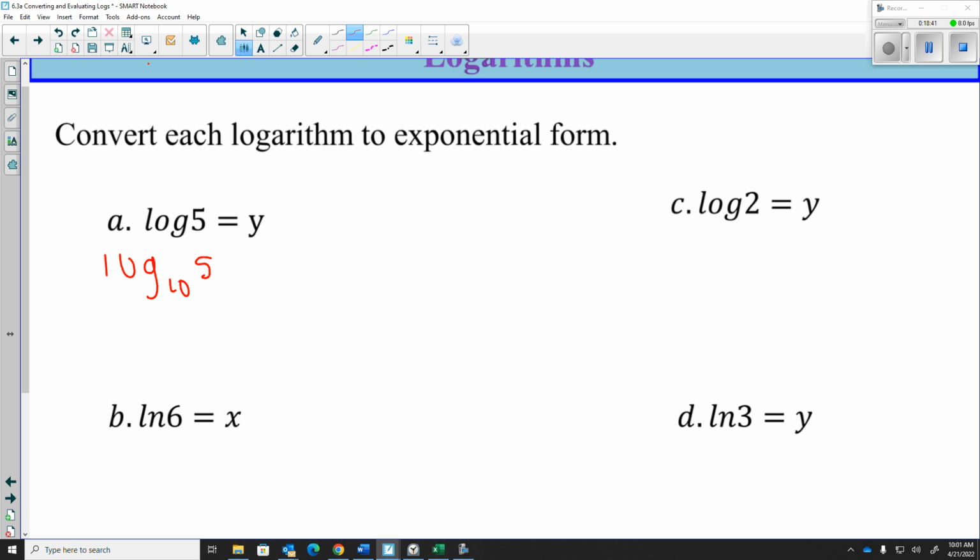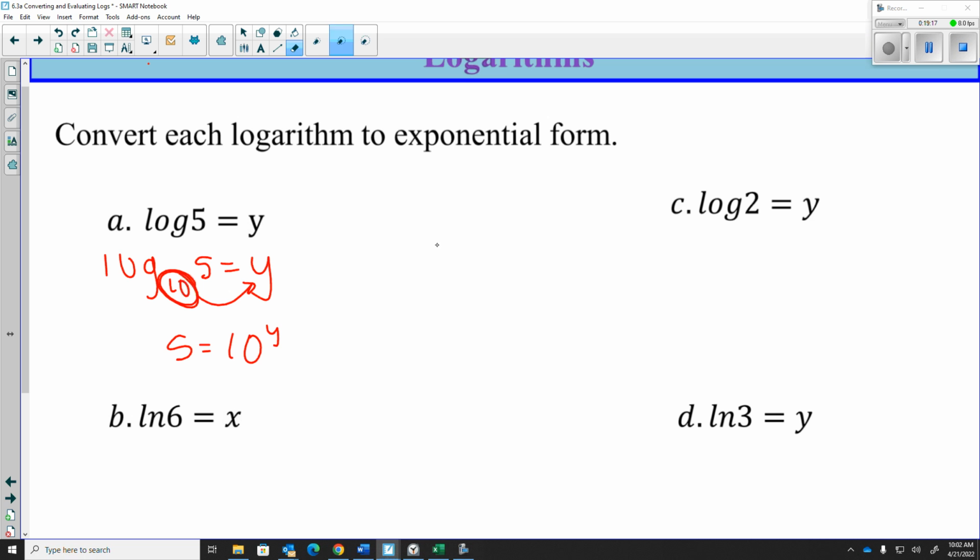We just don't write it. If I want to turn it into an exponential, what number am I moving? I'm moving 10. I have to move the base, right? So it's 5 equals 10 to the y. If you see a log that doesn't have a base written, it has a base of 10. We just abbreviate it. It's kind of like if you see an x, you know that it has a 1 in front of it, we just don't write it.